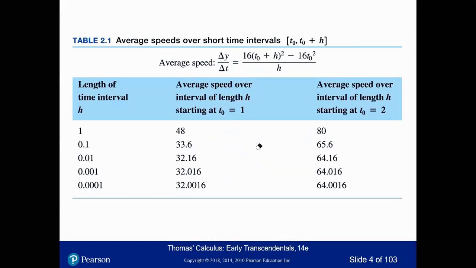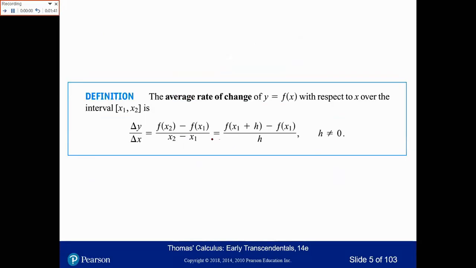So let's get going. Let me get the pointer. Now, the average rate of change of y equal to f of x with respect to x over the interval x1 comma x2 we can say is delta y divided by delta x, which is equal to f of x2 minus f of x1 divided by x2 minus x1.